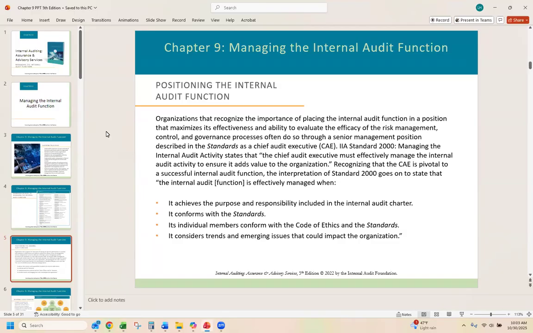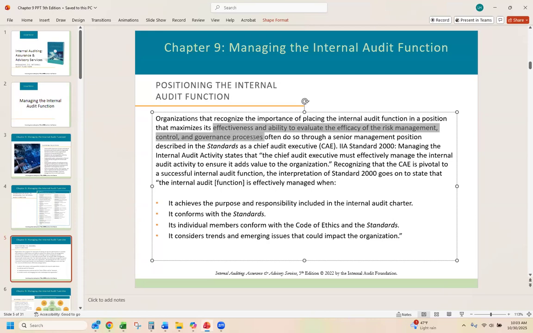But the real key there is that they are set up in such a way that they can succeed. It says here to maximize the effectiveness and ability to evaluate the efficacy of risk management, control, and governance processes.